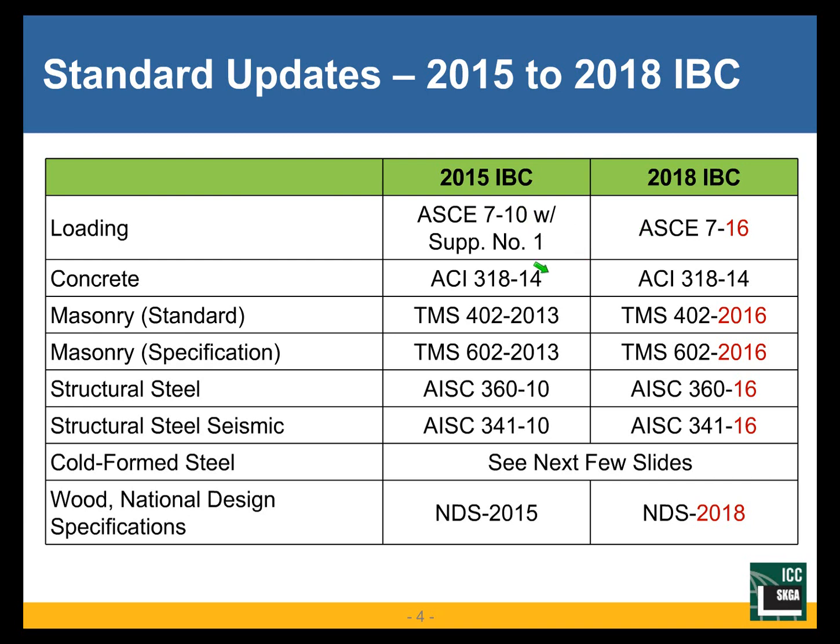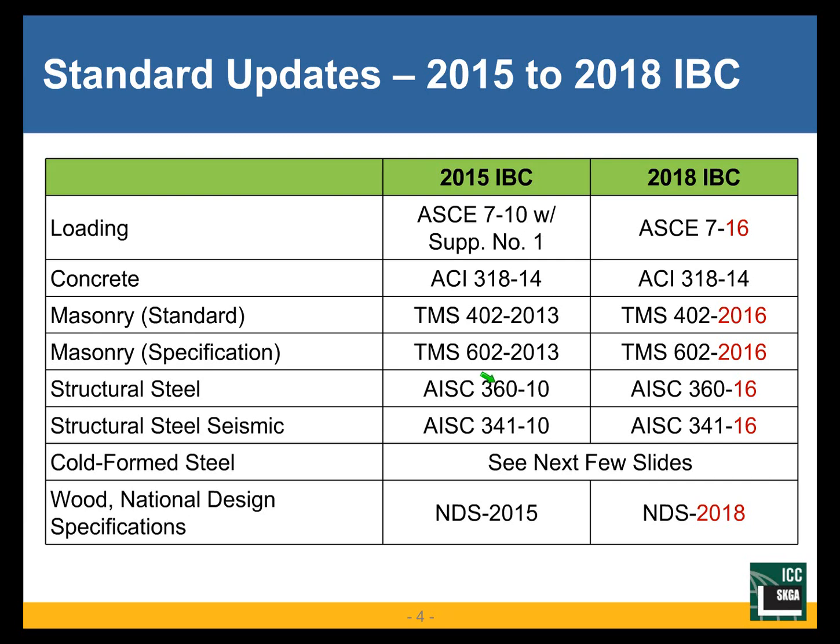ACI 318 for concrete design and construction is one of the few major standards that has not changed. It remains 318-14 in 2018 IBC. Masonry standard 402 and masonry specification 602 have been updated from the 2013 to the 2016 edition.